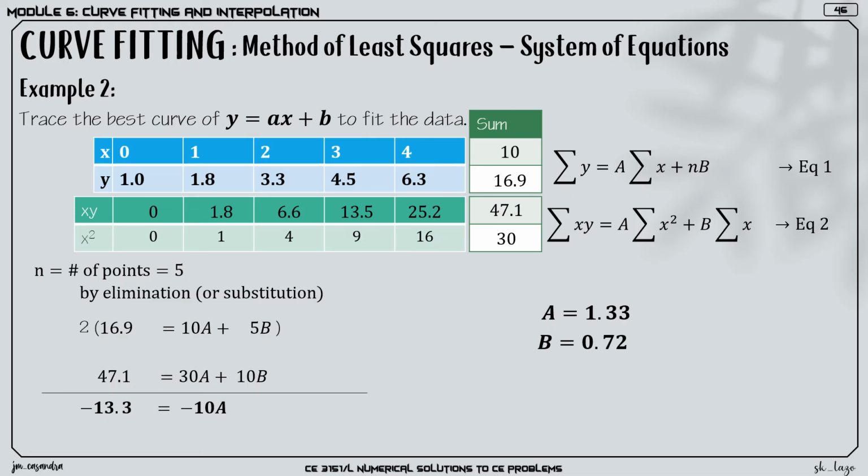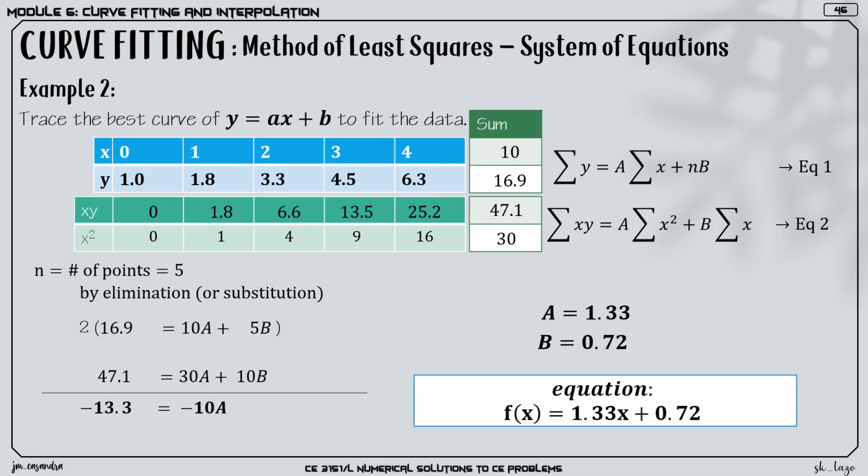So, meaning, given now a and b, the best curve that would fit our given data will be f of x is equal to 1.33x plus 0.72.